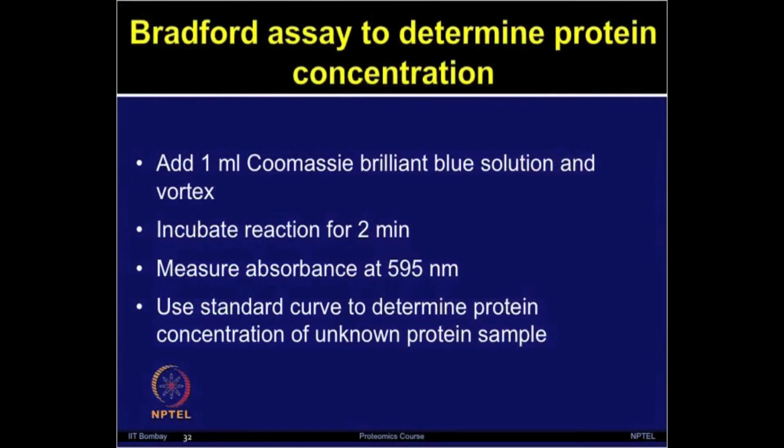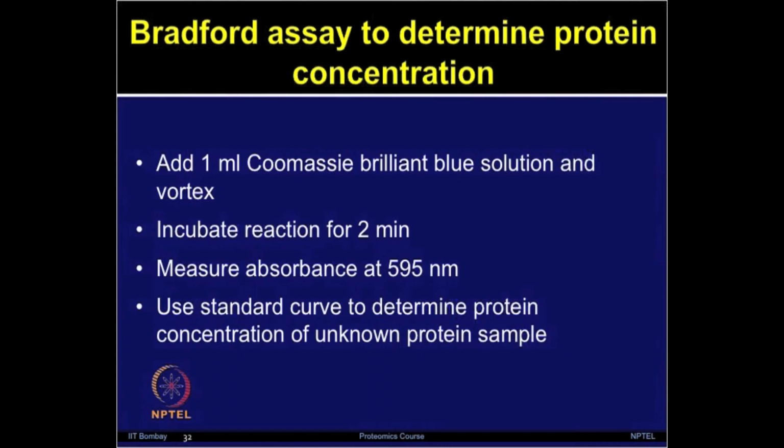Now, you can add 1 ml of Coomassie Brilliant Blue solution and vortex it. After that, one can incubate it for 2 minutes, so that color can be developed, and then it can be measured for absorbance at 595 nanometers.